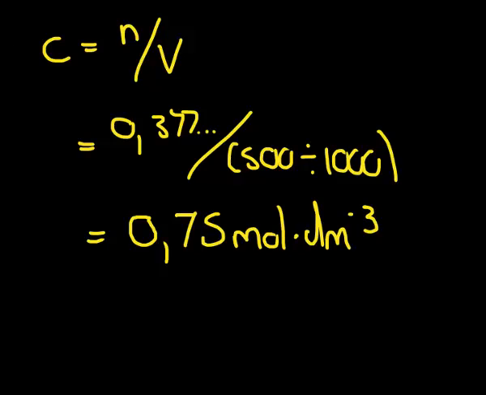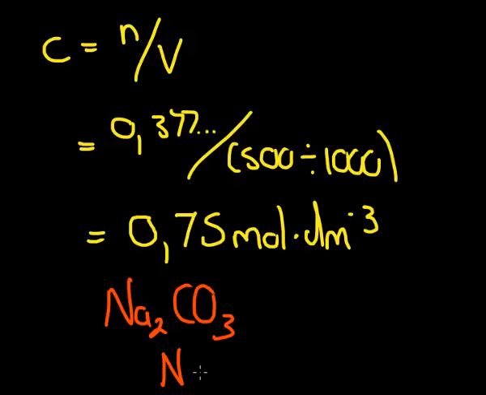Now the question further on went on to ask what is the concentration of the specific ions involved in this compound. Now we have sodium carbonate. Let's see, what does sodium carbonate consist of? It consists of sodium ions, and in this case there are 2 sodium ions and a carbonate ion. Now remember, carbonate is CO3 2-, so we're going to keep this ion as a whole.